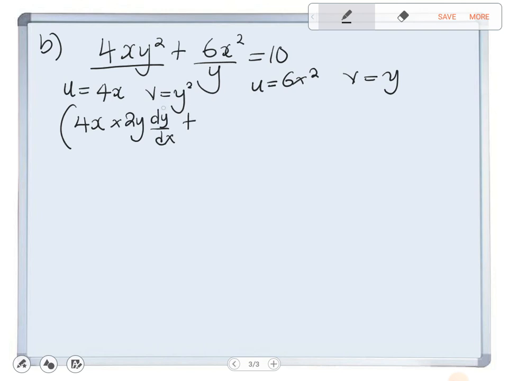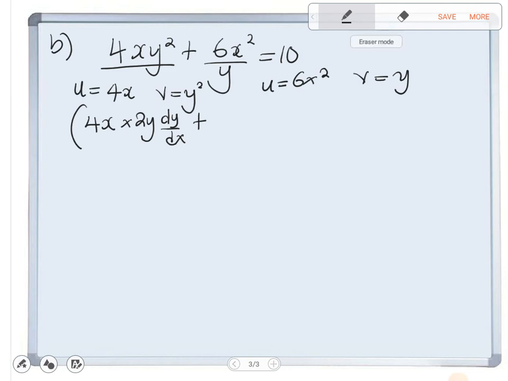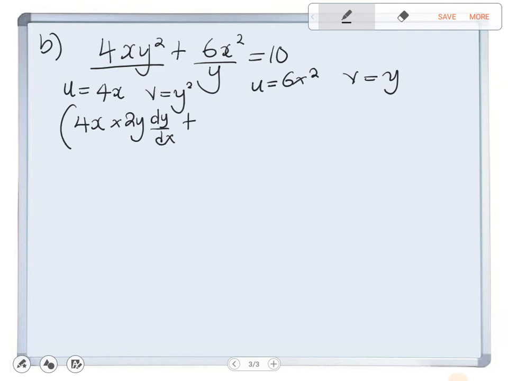Plus, we are done with u v prime. Next we keep y squared and differentiate u. The 4 is common, so the 4 will be there no matter what, then y squared. So I'm done with part 1, and I'm going to add another plus.